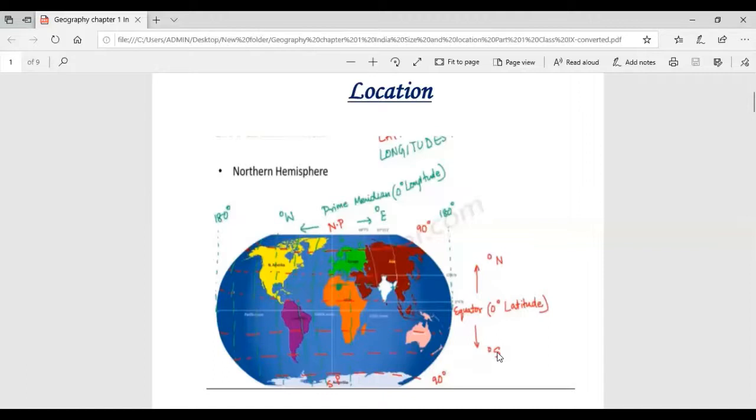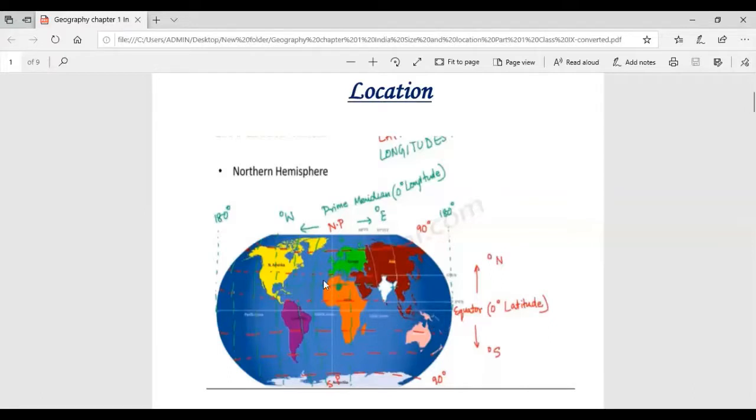So every point on this map will have a value of latitude, which corresponds to its position along the horizontal axis. In the same way that we draw a graph in mathematics, with an x-axis and y-axis, in maps we have latitudes and longitudes.